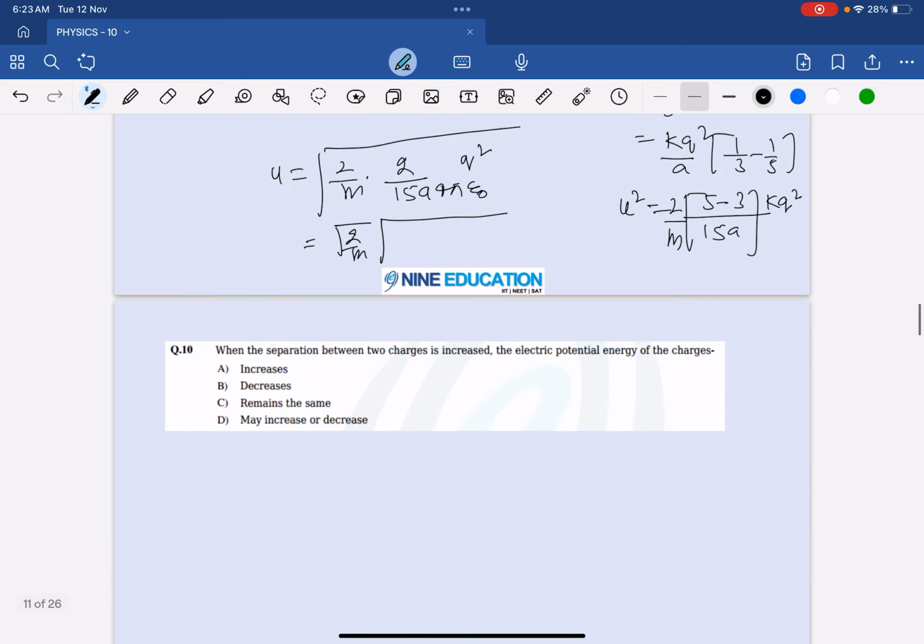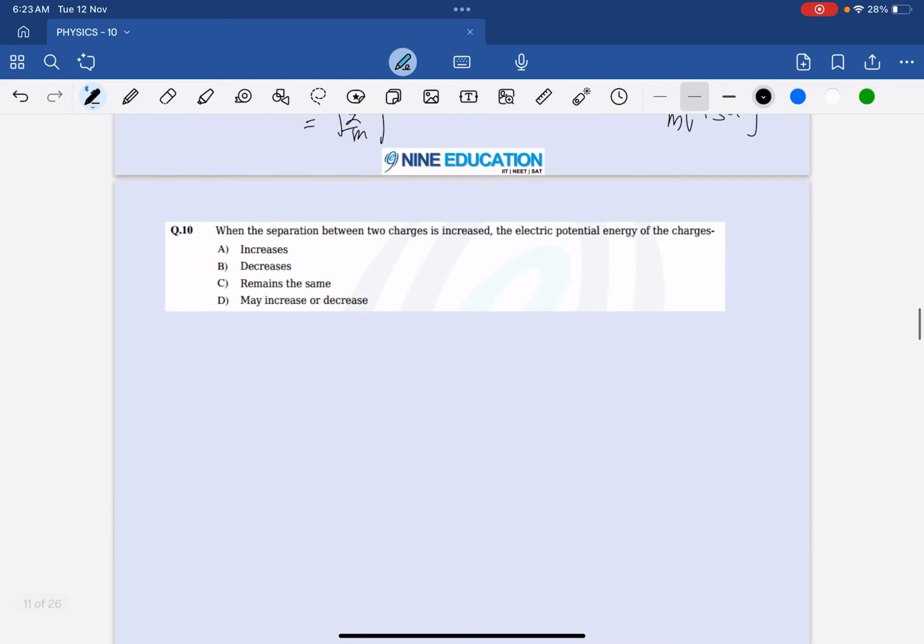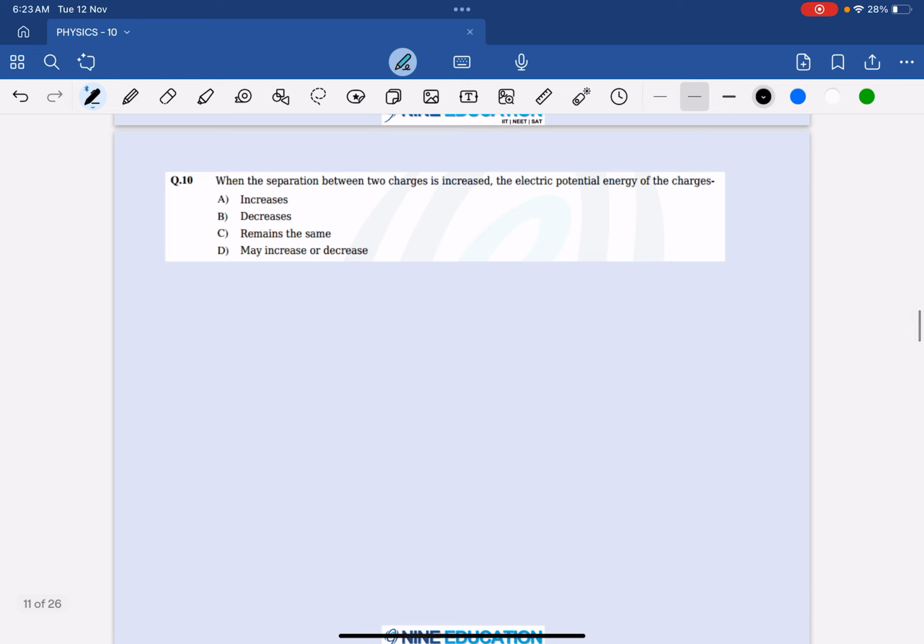So next one: when the separation between two charges is increased, the electric potential energy of the charges increases, decreases, or remains same. Sir, what is the potential energy of the charges? It is basically k q1 q2 by r with sign. Sir, if positive charges are there and you take them apart, when they are closer, they have more potential energy, but when they are far apart, it is going to be less.